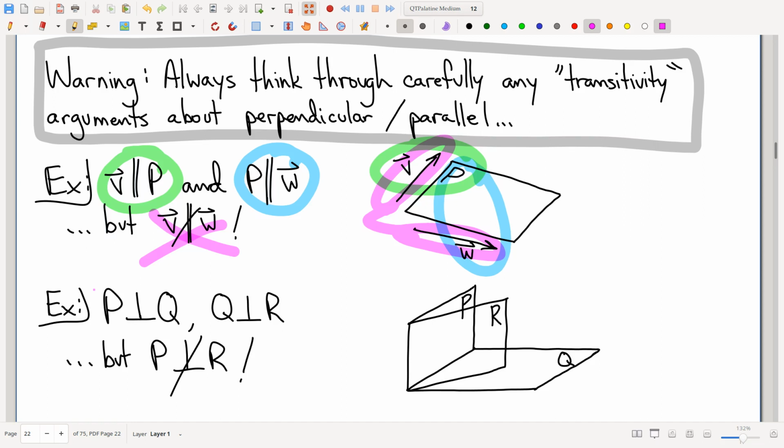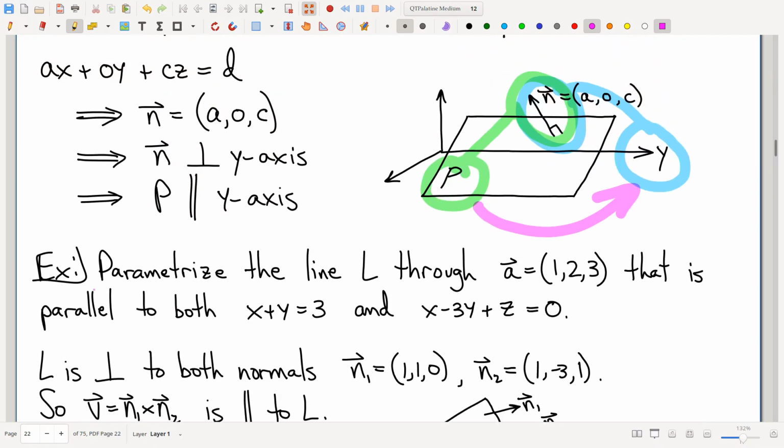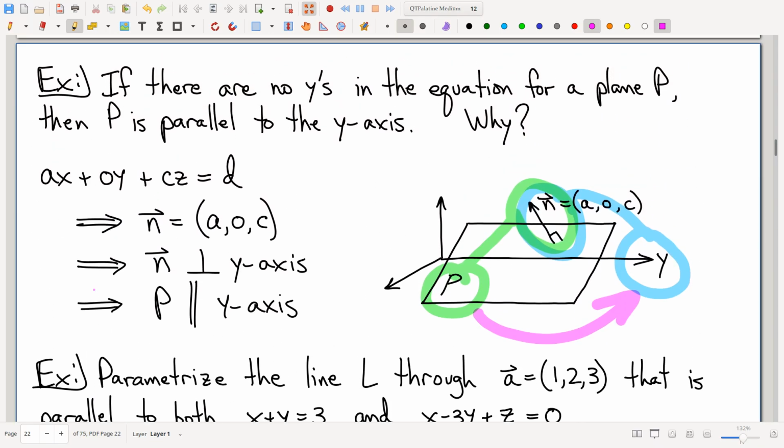So, you have to make arguments like this sometimes. This is a valid transitivity because if a plane is perpendicular to a vector, and if the vector is perpendicular to another, it really is true that that's got to be parallel to that. You think through the geometry, yeah, that just has to be. Right? So you do have to make transitivity arguments.